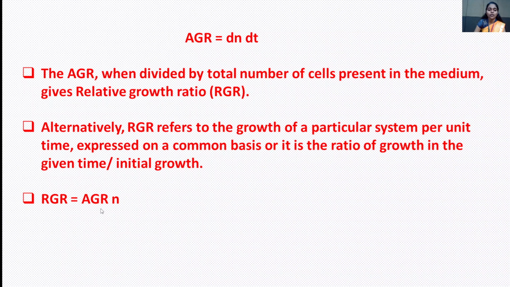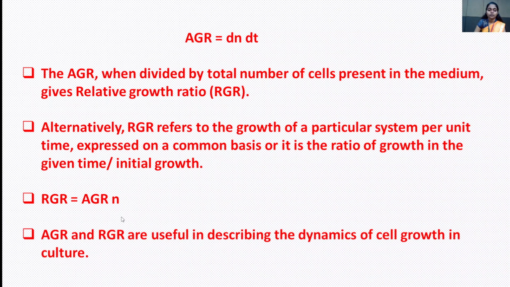RGR is equal to AGR divided by the initial number of cells. AGR and RGR are useful in describing the dynamics of cell growth in culture.